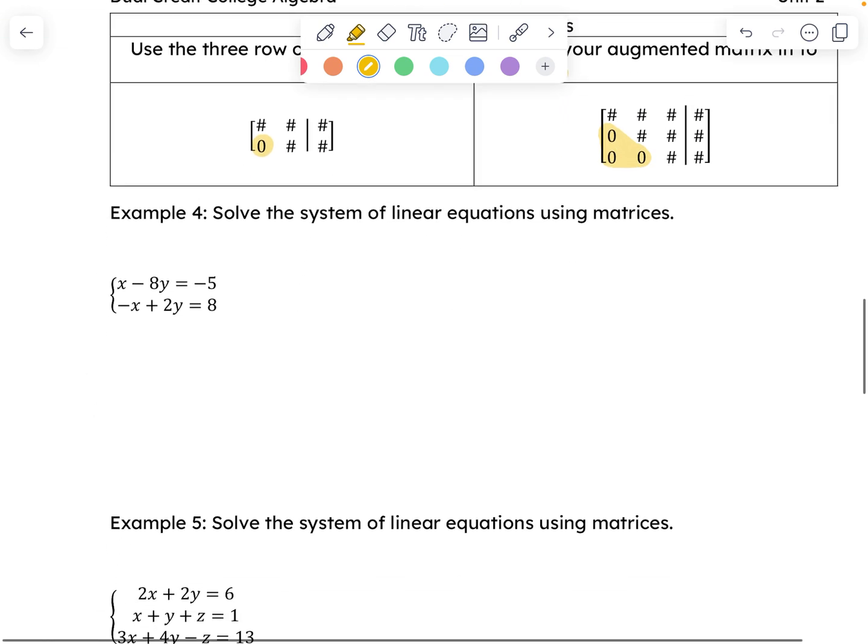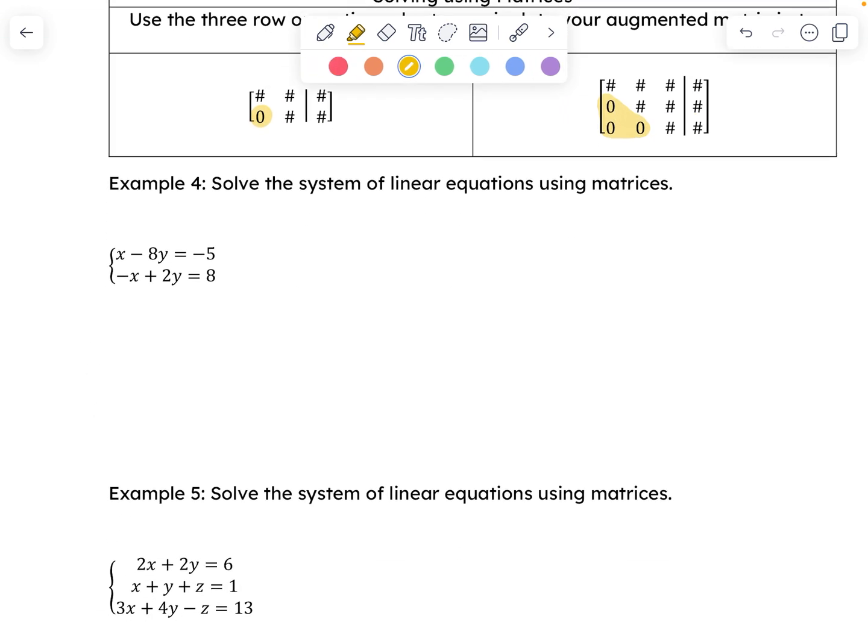First thing I'm going to do is go ahead and write my matrix. If I'm looking at this, my x's, y's, and everything is lined up nicely. So I have 1, negative 8, negative 5, then negative 1, 2, 8, with the equal sign right there. And what I'm trying to do is get this to be a 0.